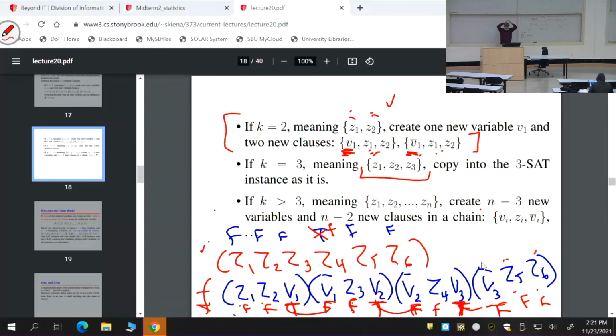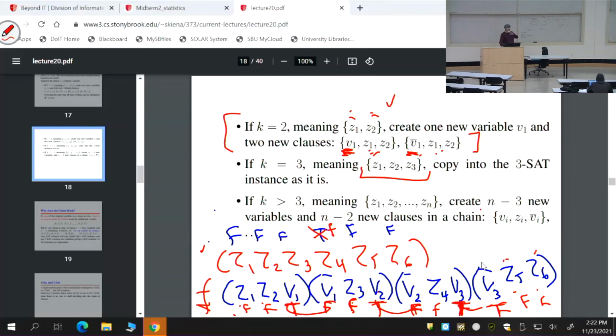And by constructing that chain, I have shown you how to translate any clause of any size into a set of equivalent three-element clauses, right? So I have a 3-SAT problem now that, if you could solve it quickly, would tell you the answer of the original satisfiability problem.